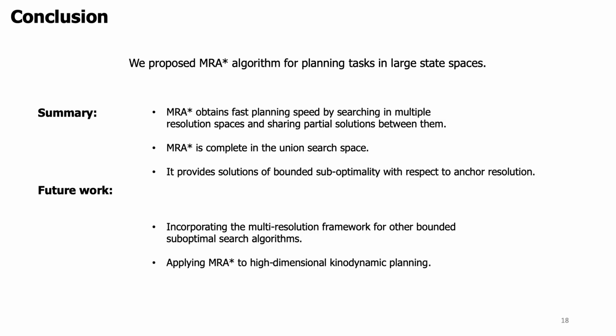Although MRI star performs well in most of the test cases, there are still some interesting areas to be explored. For example, it is worth trying to incorporate a multi-resolution A-star framework for other bounded suboptimal search algorithms, or applying MRI star to high-dimensional kinodynamic planning.